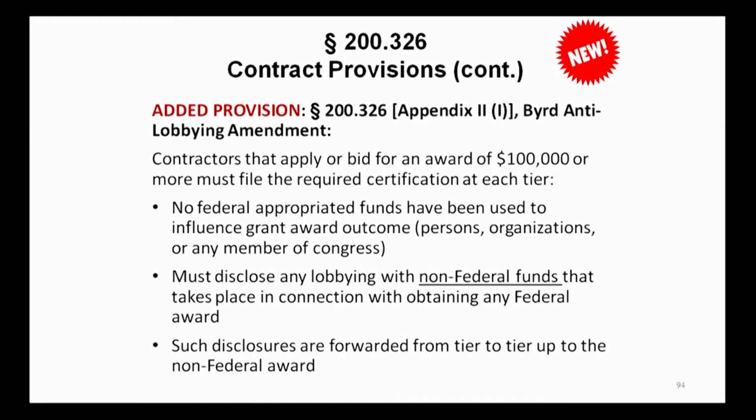And so this is simply saying that no federal funds were used to affect the use of the federal funds. They must disclose any lobbying using other than federal funds, and that, as I said, includes their subcontractors.